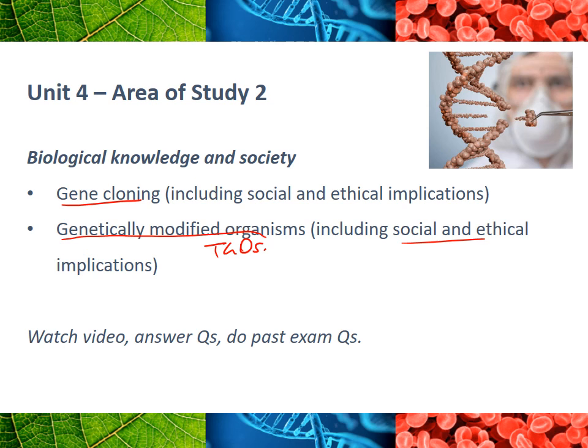There's a link to a video, I think it goes for about 8 minutes, some specific questions related to that video, and then some past exam questions, including one, I think it was either last year or 2018, that was 8 marks just on genetic modification. So that's quite a big chunk of marks in one exam. So it's good to see how those questions get asked.